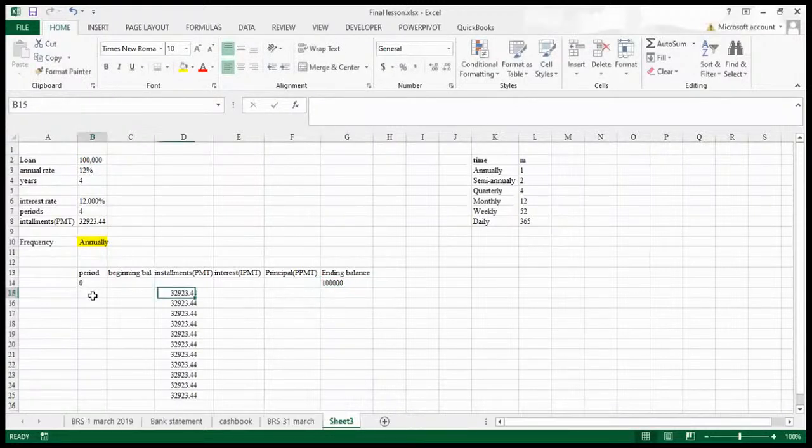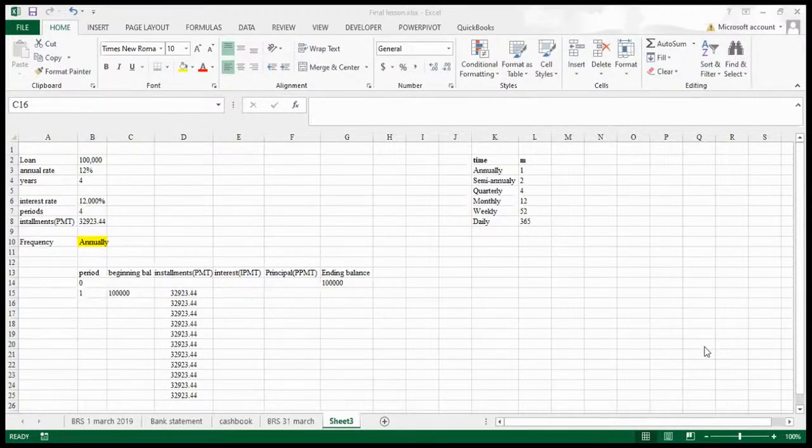And the beginning balance in period 1 is equal to the ending balance in the previous period, which is equal to this amount. Are we moving together?